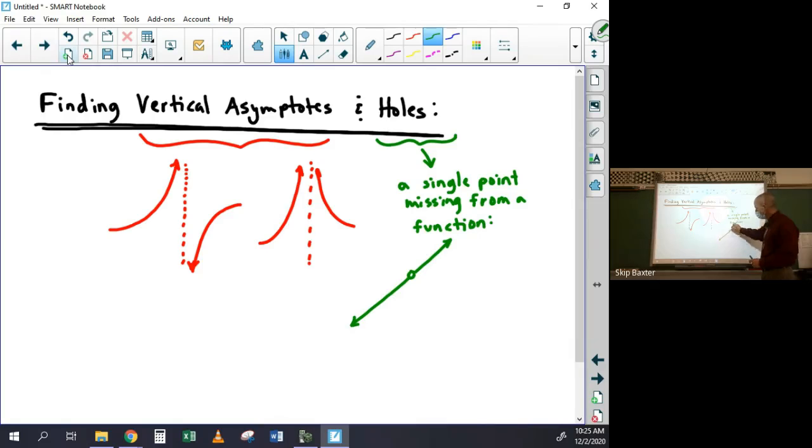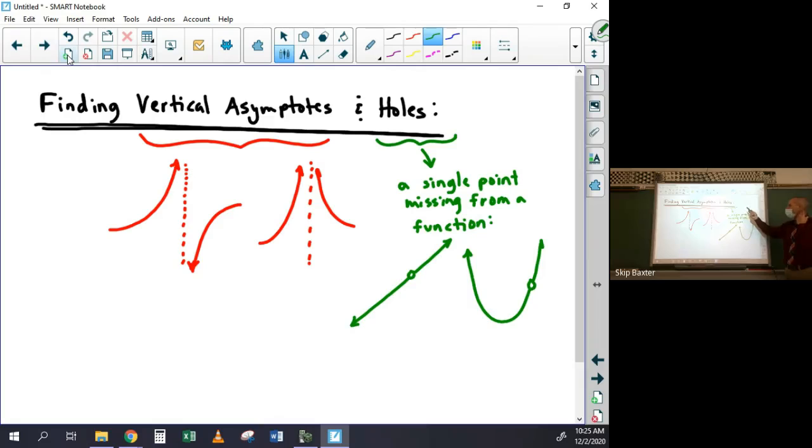It's like somebody just plucked out a single point. That's a hole, right? Or maybe it's a quadratic function that's missing a single point. Something like that. These are examples of holes in a function.